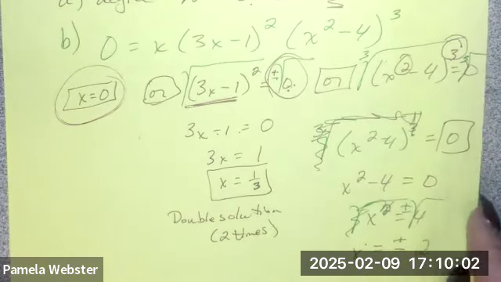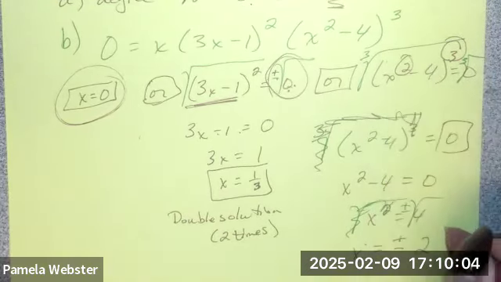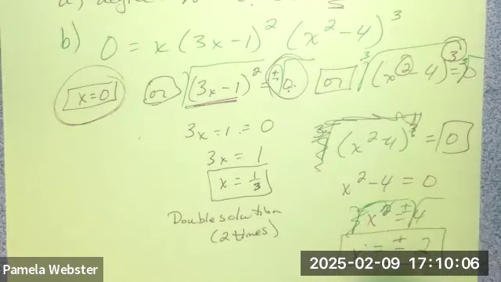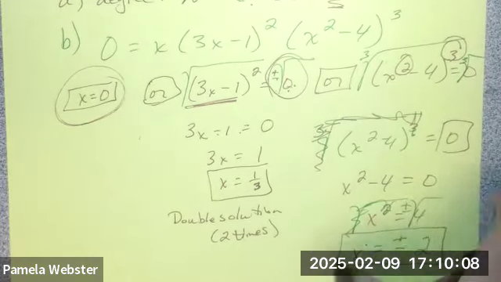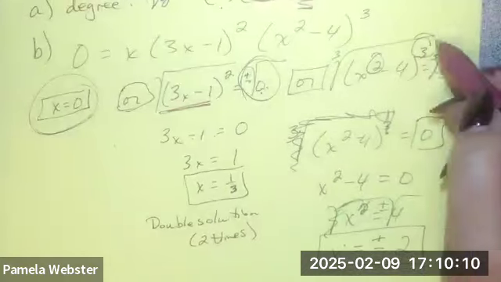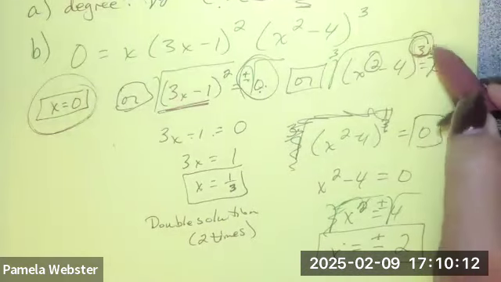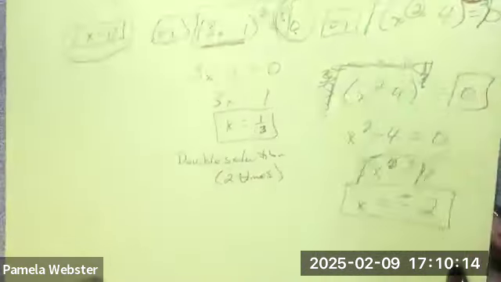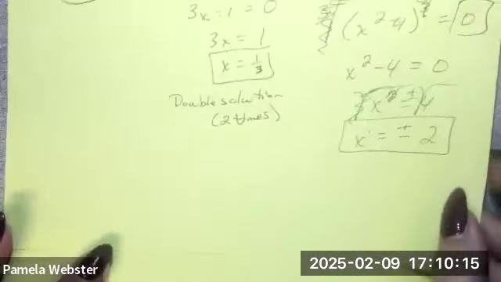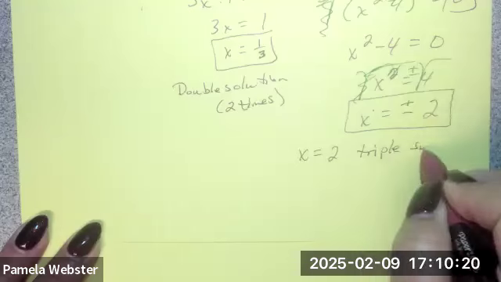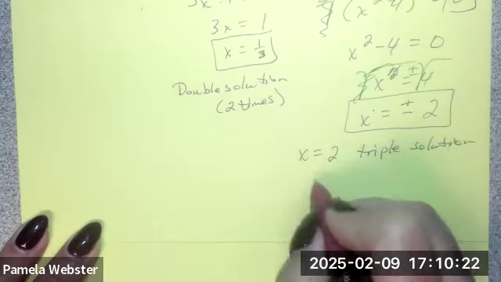Okay. So what's happening here is from inside of here, I'm getting 2 answers, plus or minus. But we also know that each of them was a cubed answer, right? So x equals 2, triple solution. Okay.